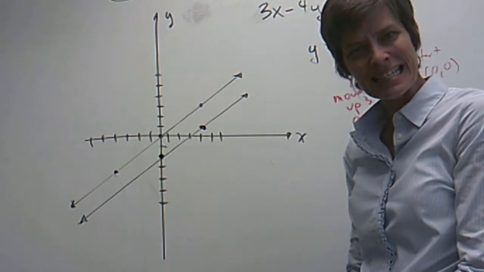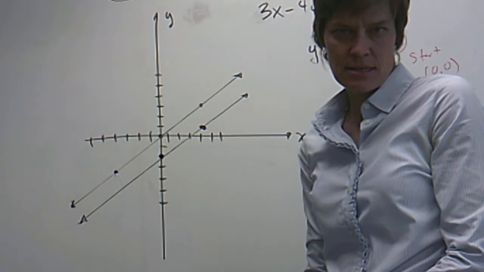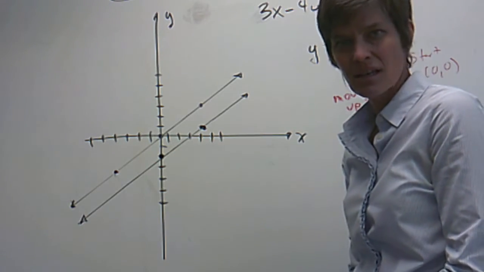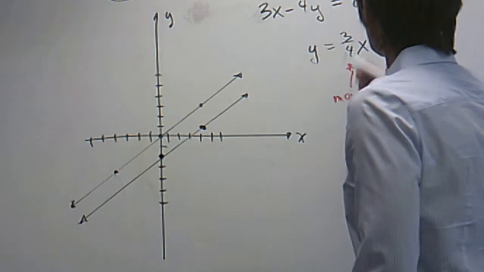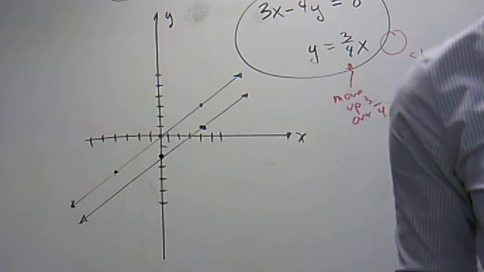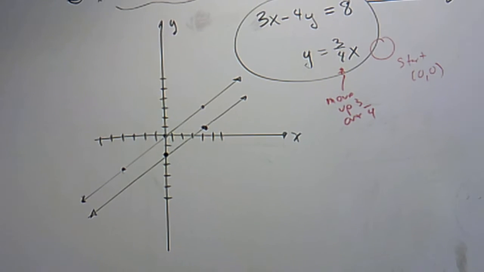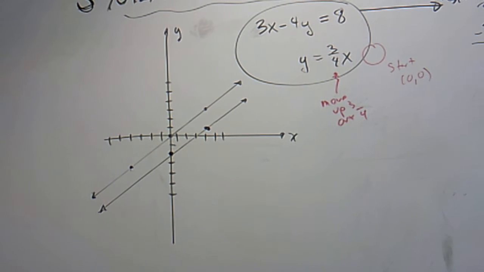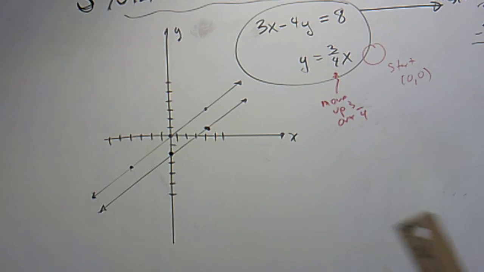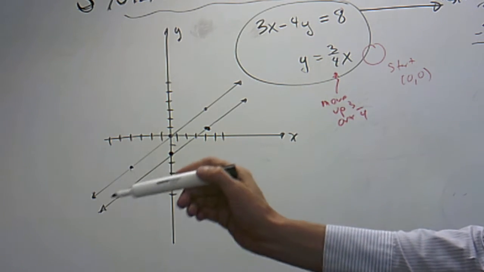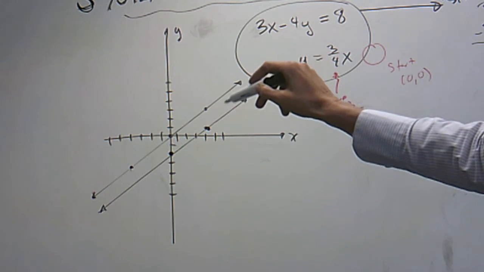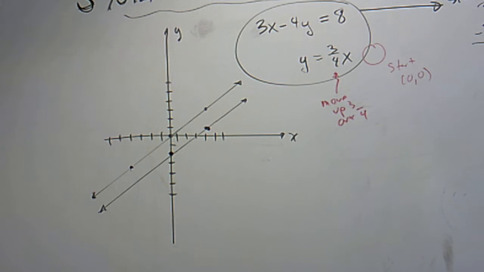I don't see anything that's obvious to me. Should we zoom in on the lines? These lines don't seem to be crossing. I don't see them crossing this direction, nor do I see them crossing that direction. So, did I do something wrong?